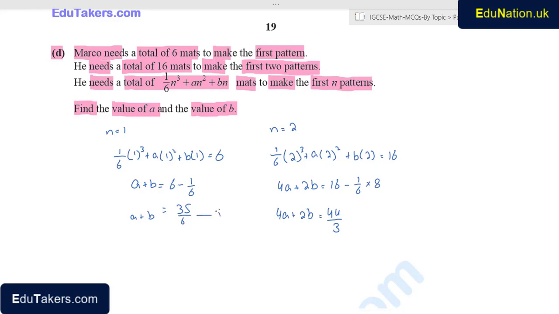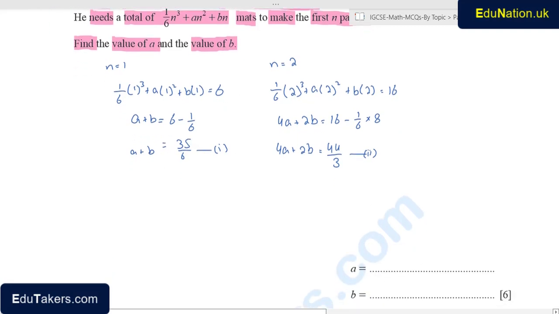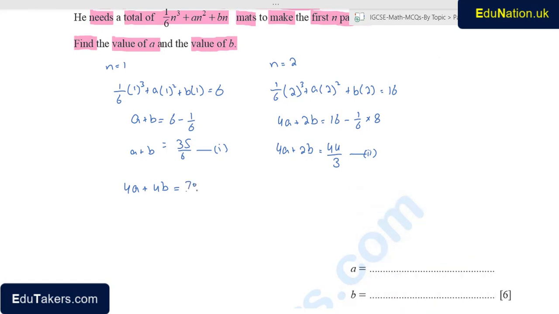Let's say this is equation 1 and this is equation number 2. Multiplying equation 1 with 4, this will be 4a plus 4b equals 35 over 6 multiplied by 4 is 70 over 3. Actually we are doing 4 times equation 1 minus equation number 2. So 4a plus 2b equals 44 over 3.